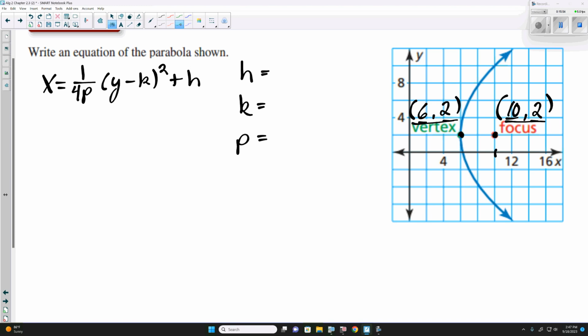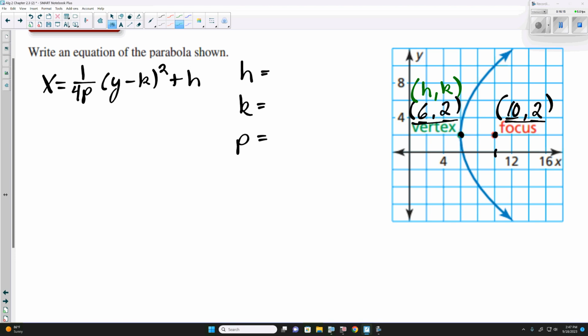Now again, I've said it a few times, we're really wanting to draw a connection from the general forms to the information that we have been given. In both equations, the vertex is stated as the point h comma k. That is the vertex, h comma k.